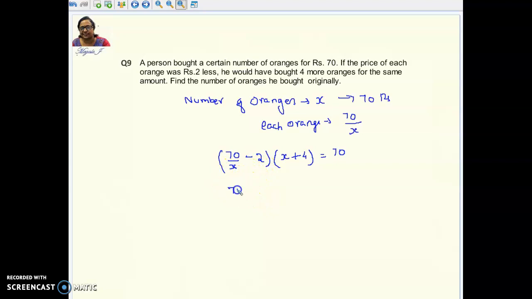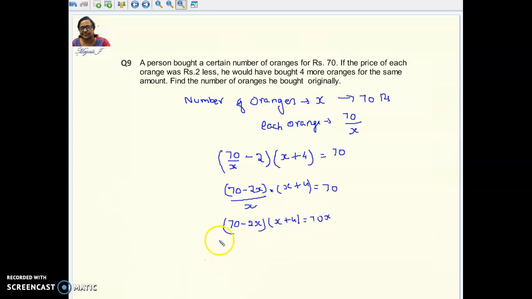You first solve this one. (70 minus 2x) whole divided by x, multiplied by (x plus 4), is equal to 70. So take the x to the other side; therefore this is going to be (70 minus 2x) into (x plus 4) equals 70x.